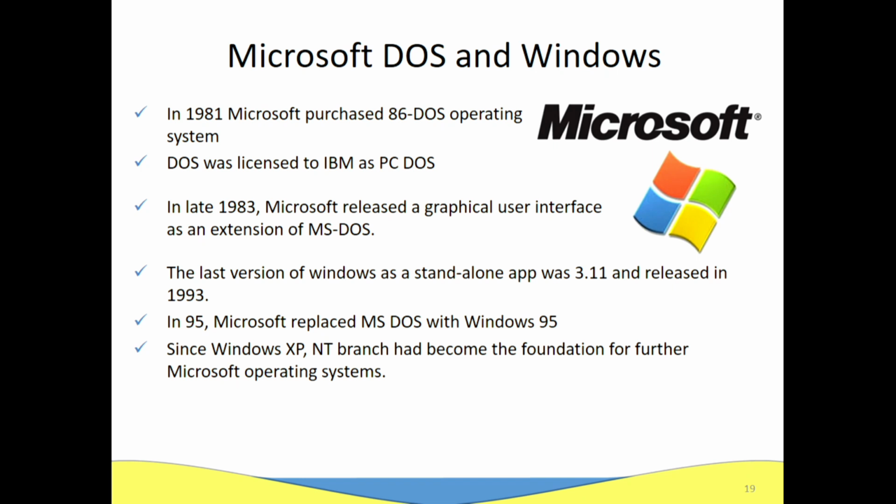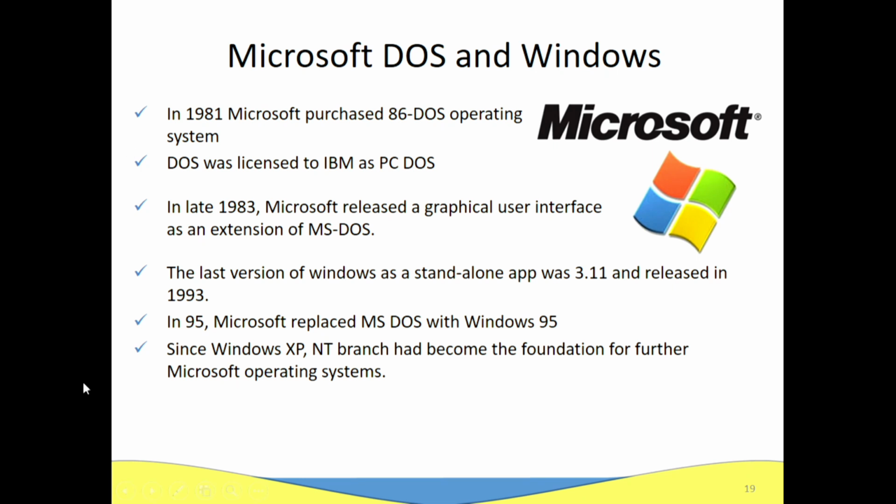And in 1985, the first version of Windows was released. That was a standalone application. It was not still an operating system. It was an application that was executed from the command line. The last version of Windows as a standalone app was 3.11 and released in 1993.